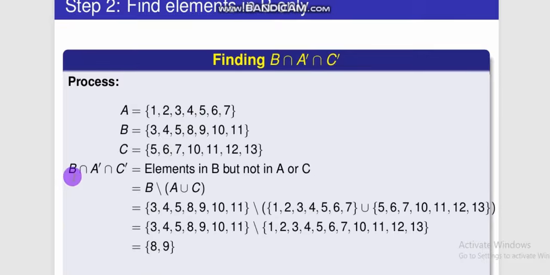So finding B intersection A complement intersection C complement means element in B but not in A or C. Now we are going to find the union of A and C and subtract it from set B. So this will be B set minus, okay, A union C.